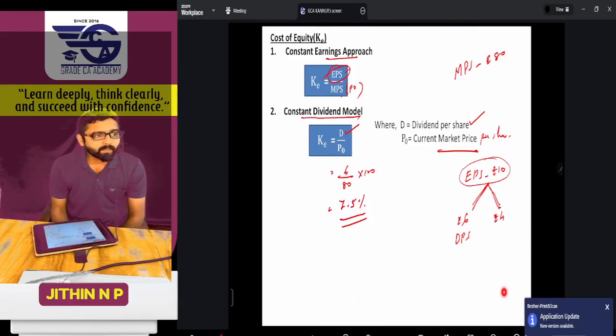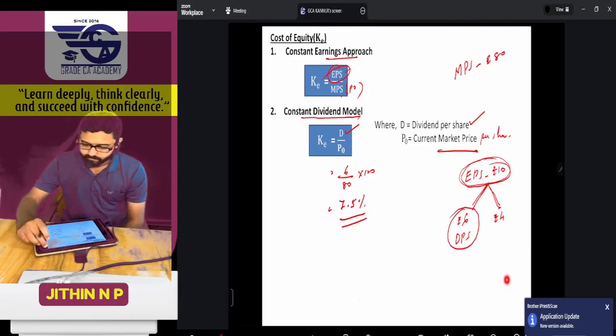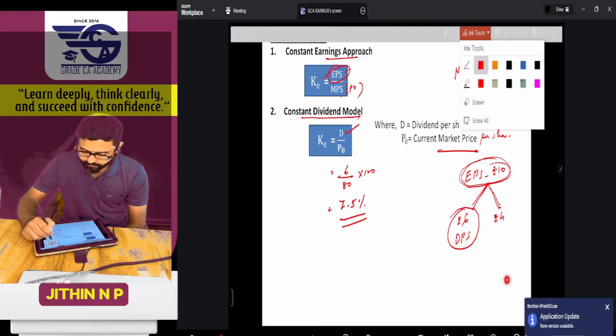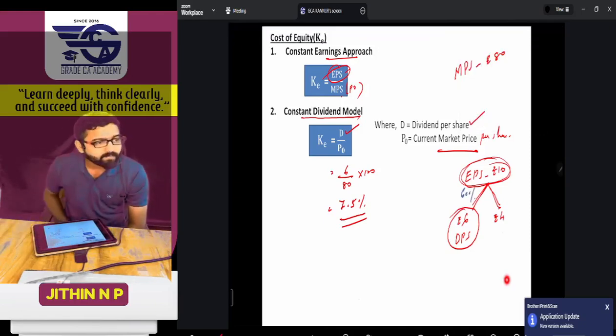Clear? Okay. One more point I'll discuss. EPS is rupees 10. DPS is rupees 6. What is the dividend payout ratio? The dividend payout ratio is 60%.